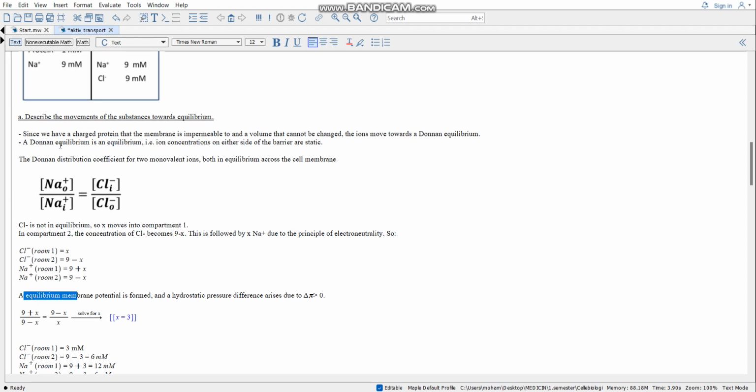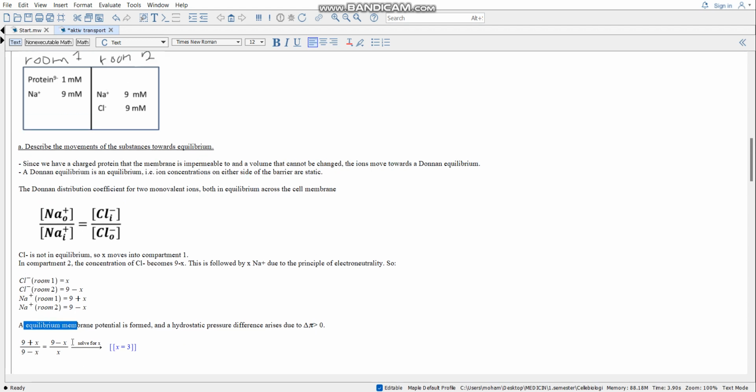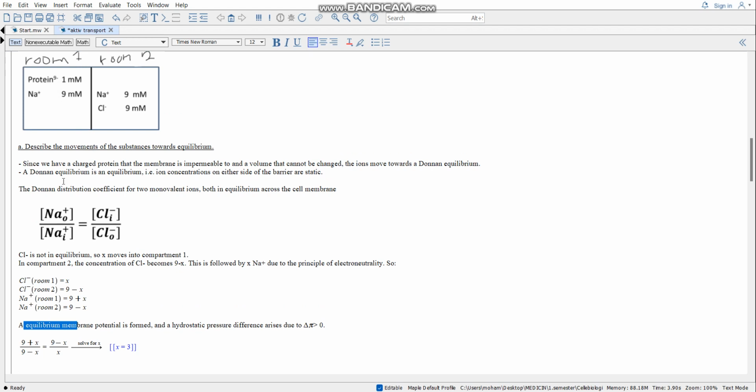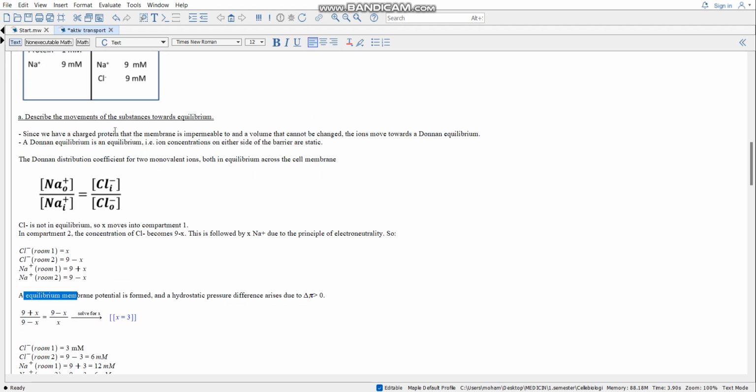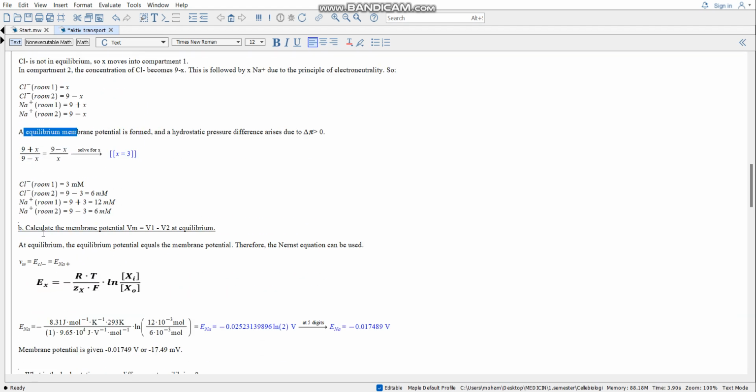So in room 1, chloride is 3 millimoles. In room 2, it is 9 minus 3, it is 6 millimoles. For sodium, it is 9 plus 3 in room 1, and in room 2, it is 9 minus 3, so 6 millimoles.